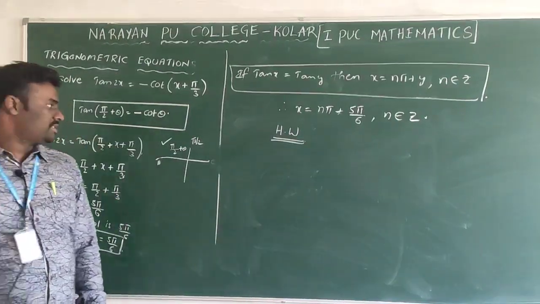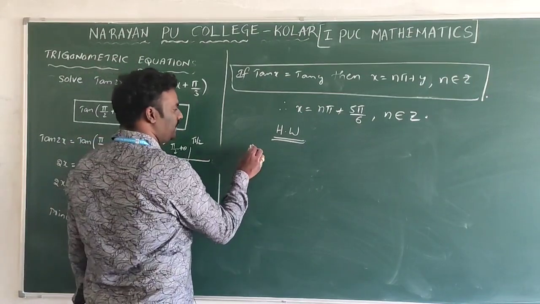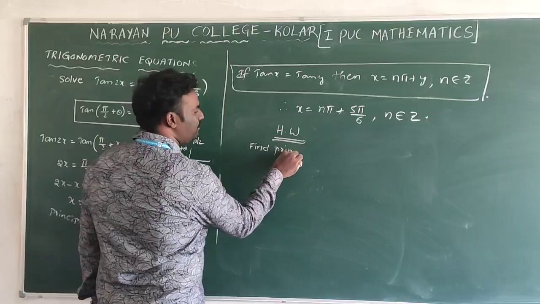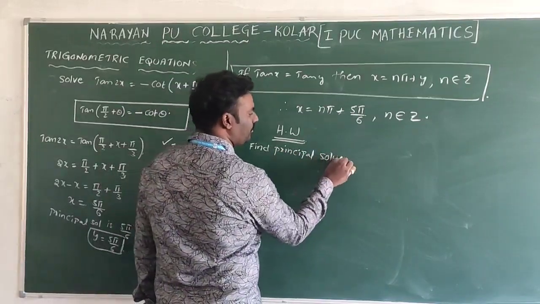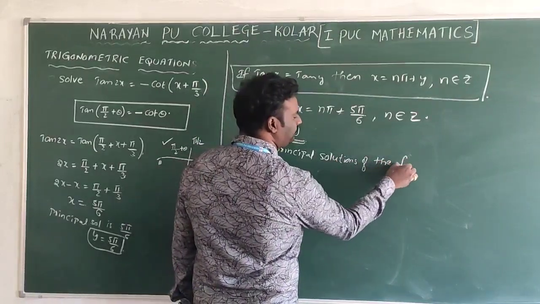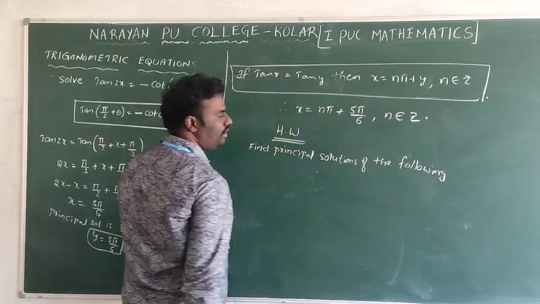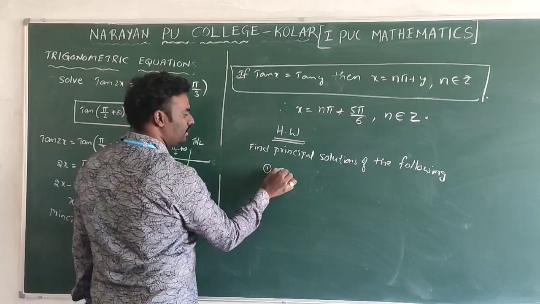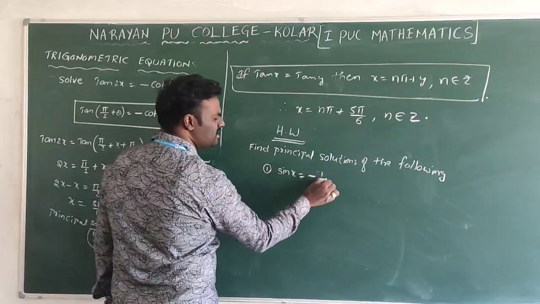So dear students, I am giving some homework questions based on principal solutions. Find the principal solution of the following. First one, sin x is equal to minus 1 by 2.